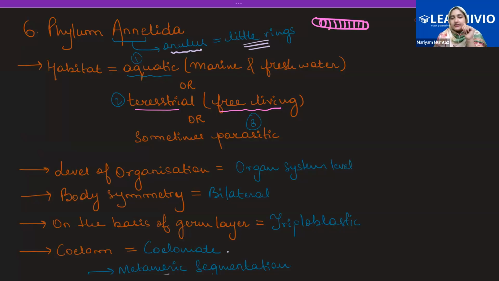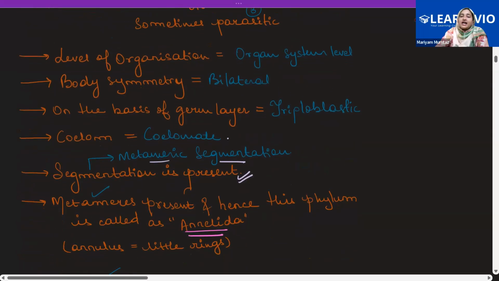Annulus means little rings. The members of the Annelida can be aquatic, both marine and freshwater, they can be terrestrial, or they can sometimes be parasitic in nature.